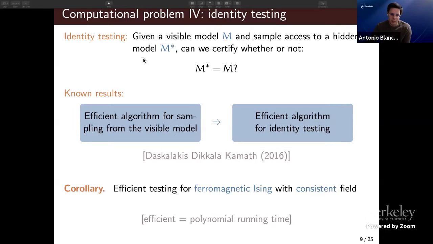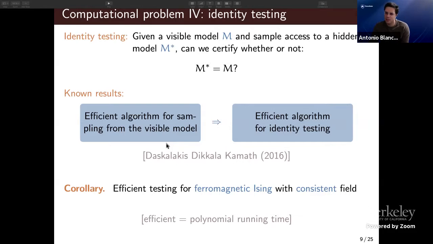Okay, so some known results for this problem. The most relevant one is this work by Daskalakis, Dikkala, and Kamath, where they essentially show that if you can efficiently sample from the visible model, then there is an efficient algorithm for identity testing. As a corollary, since we know how to efficiently generate samples from the ferromagnetic Ising model with a consistent field or with no external field, we get an efficient identity tester for the ferromagnetic Ising model.